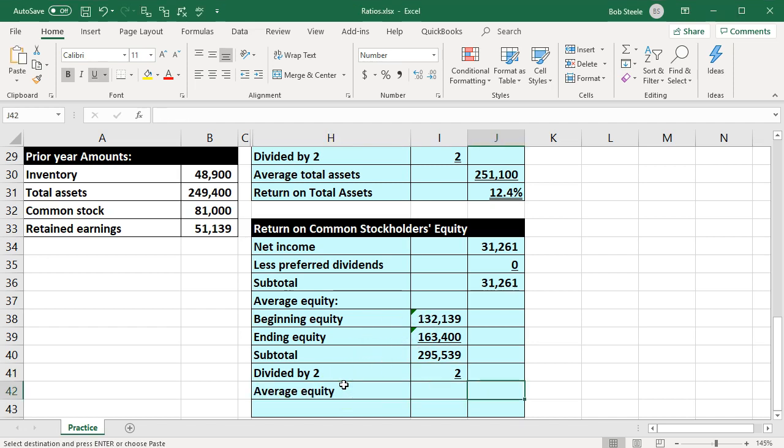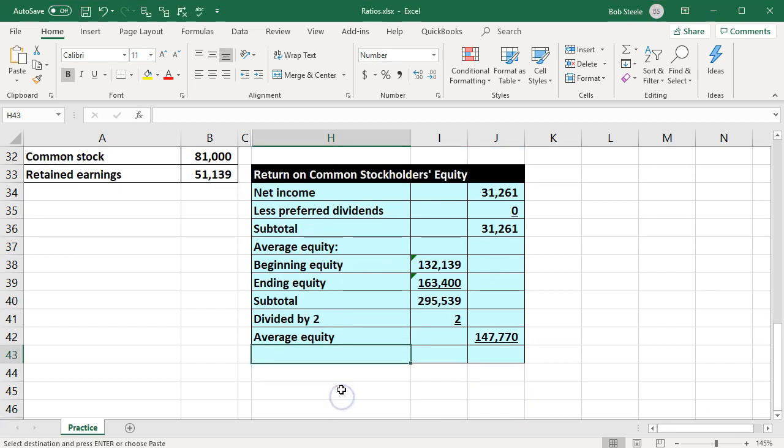We're looking for the average balance at any given point in time, because the balance sheet accounts are as of the point in time of the time period we're in, typically a year in this case. So the 295,539 divided by the 2 gives us the average equity of the 147,770.